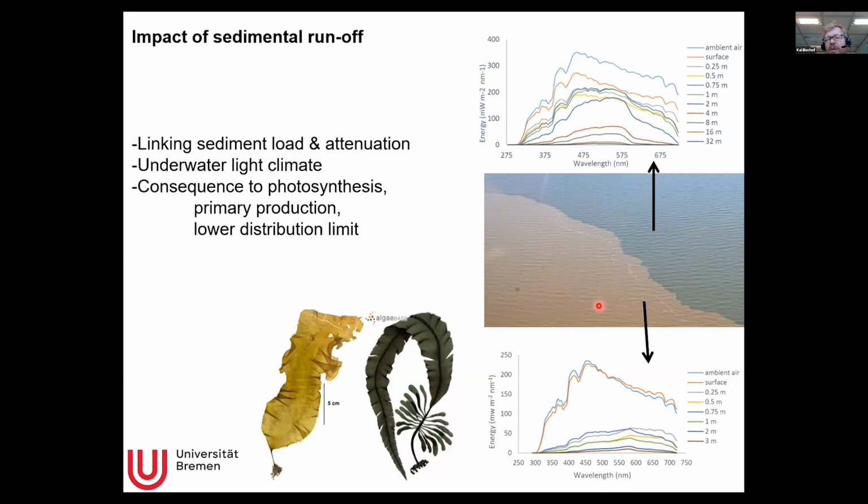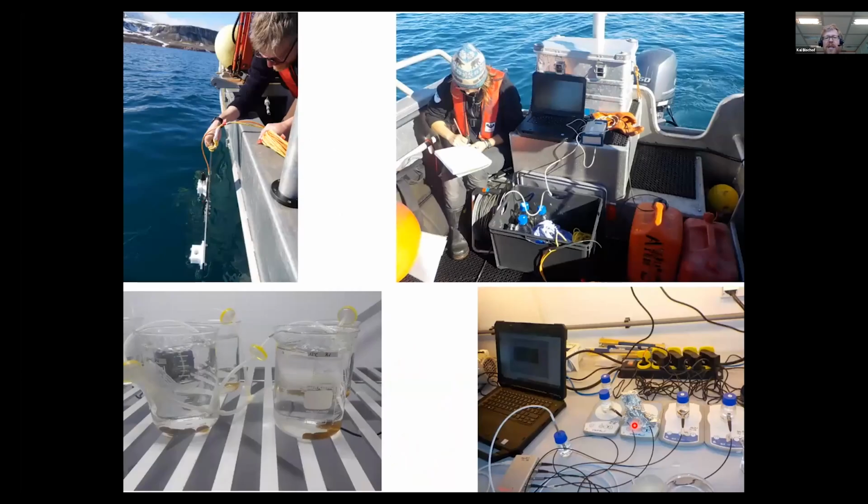And if you go into this part of the fjord, then you experience this kind of energy distribution. That's the ambient air in the atmosphere. And then you see that already within the very first few centimeters, the light is enormously absorbed. Evidently, there's less light reaching the seaweed, and less light available for photosynthesis.